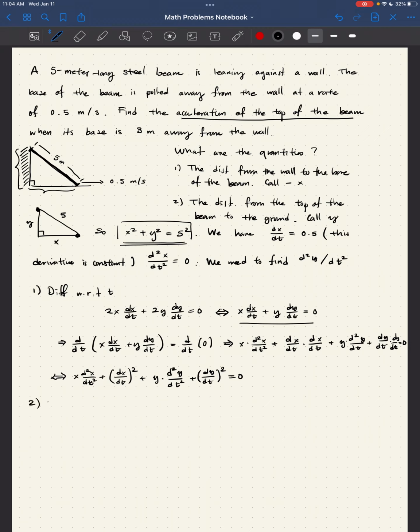So when x is equal to 3, which is what is important to us, we have the following. We have first that y is equal to 4. All that we need to do is to solve this equation for y, knowing that y must be positive or 0. What else do we know? Well, just from here, we obtain information about dy/dt.